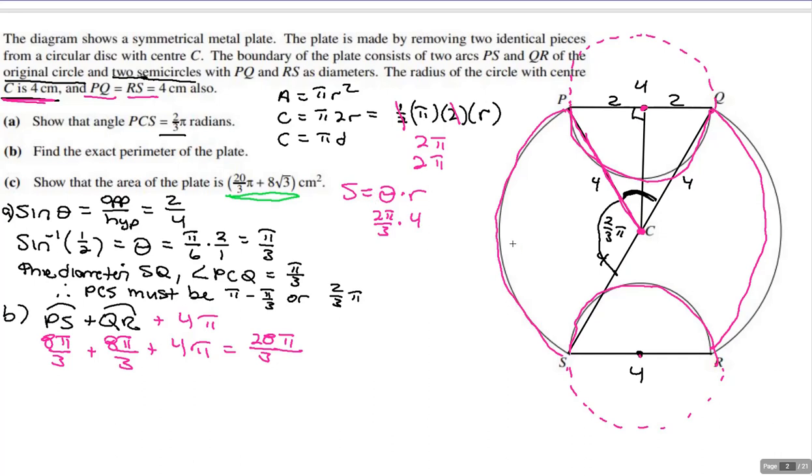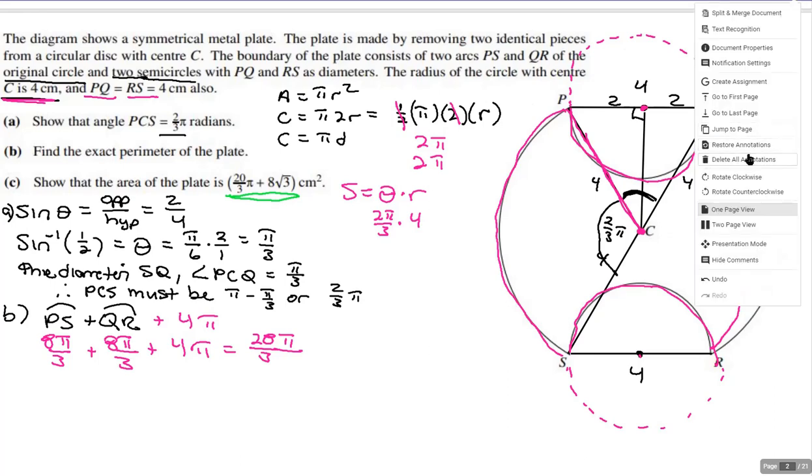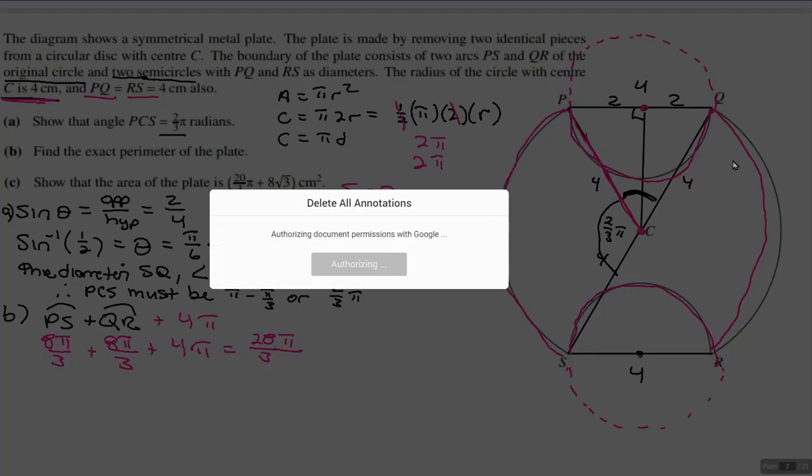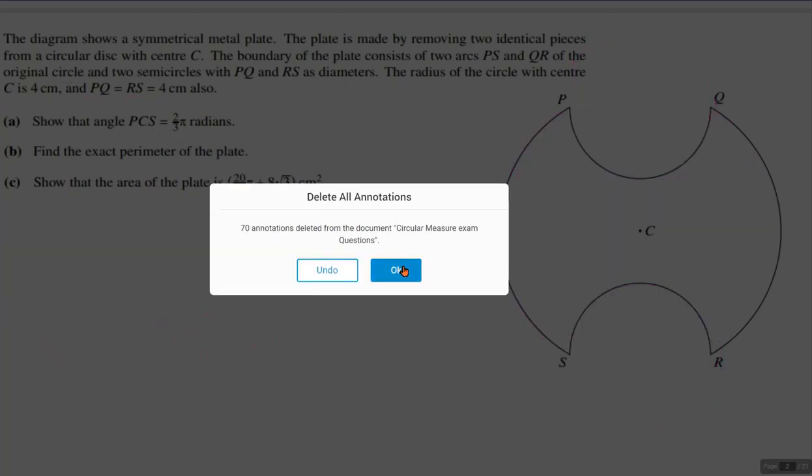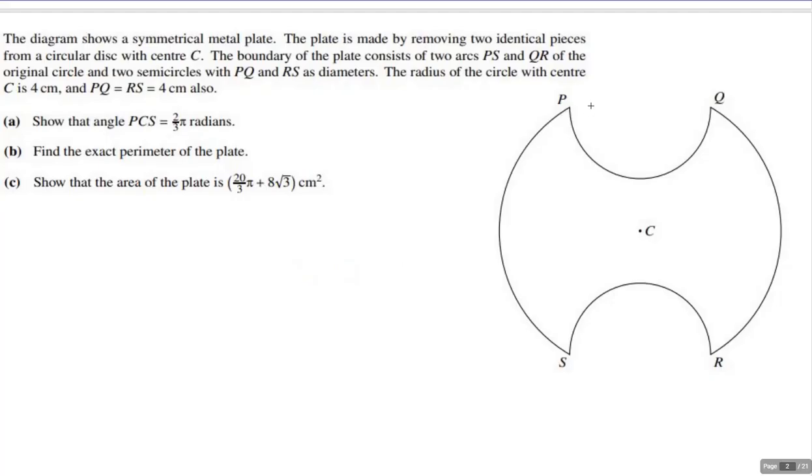The area of the plate. Because I think I got too much going on here. Hang on, let me see if I can get rid of this. All right, let's take a look at the area of the plate.